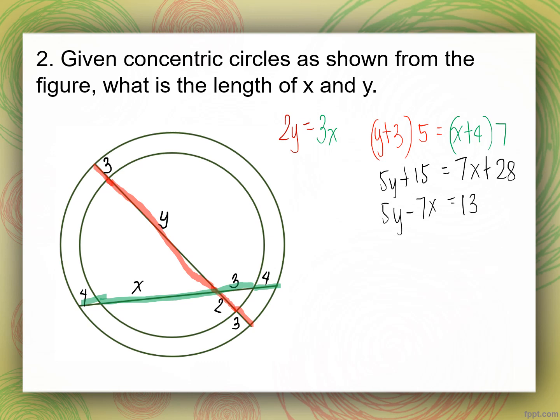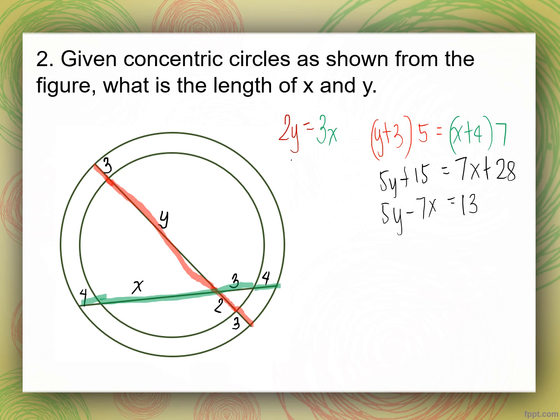Okay, now we have two equations. We have 2y is equal to 3x and 5y minus 7x is equal to 13. So we will solve it as a system. Let's substitute the first equation into our second equation. Let's rewrite the first equation, solving for y. Again, it's your choice how you want to substitute it.